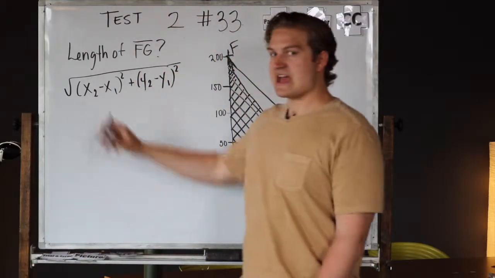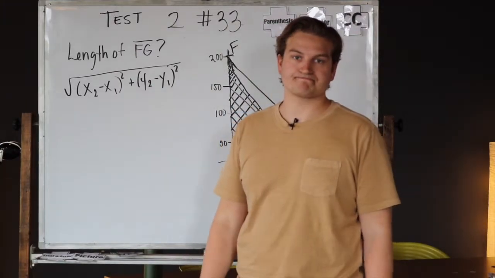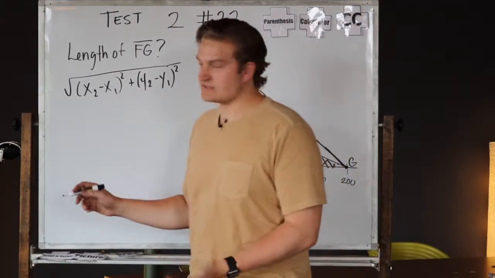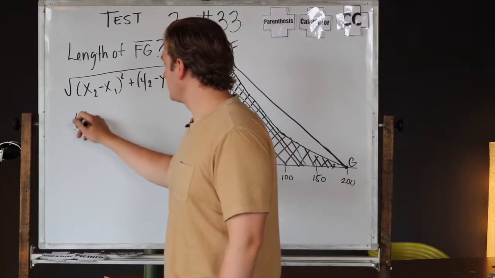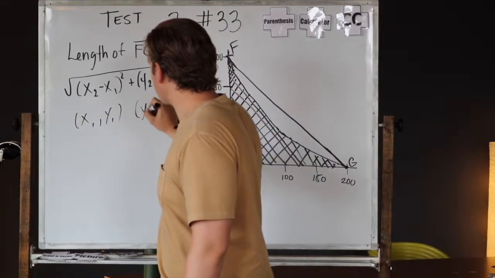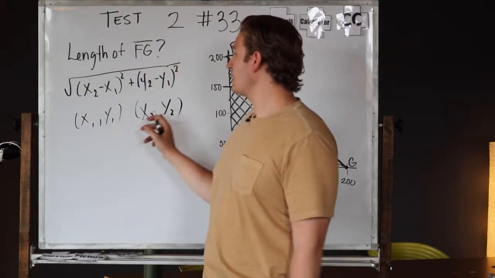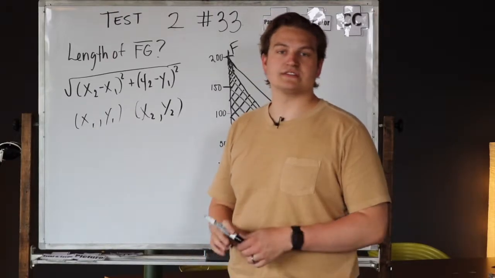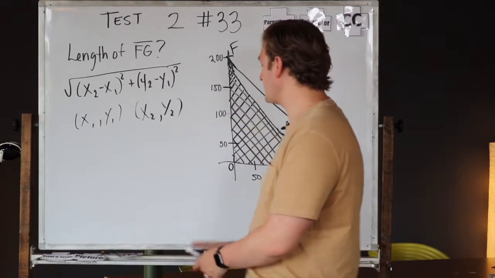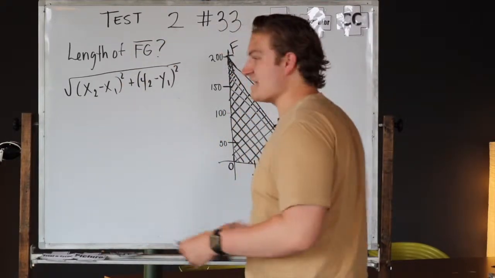The formula looks like this: x1 minus x2 squared plus y2 minus y1 squared. And all it wants us to do is we have 2 points, x1, y1, and x2, y2, and if we plug the coordinates into this formula, it will tell us the distance between those 2 points. So let's do this with this line, FG.